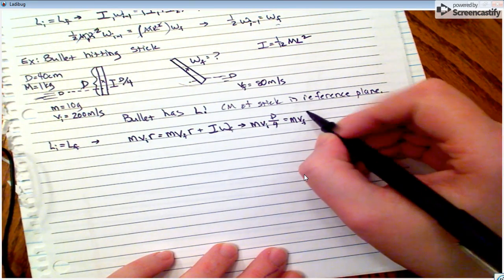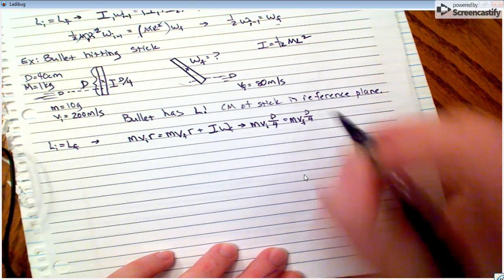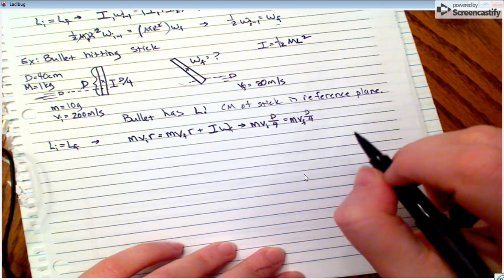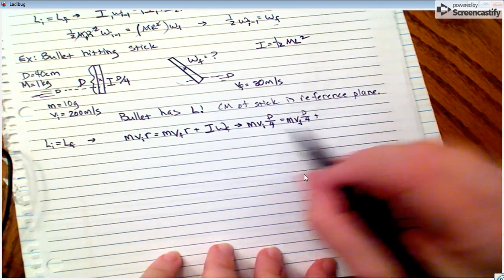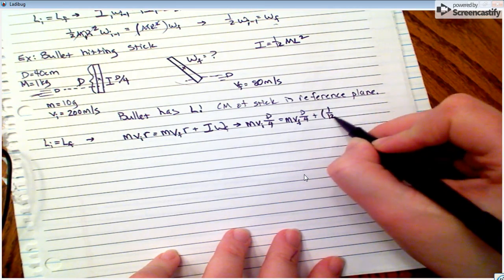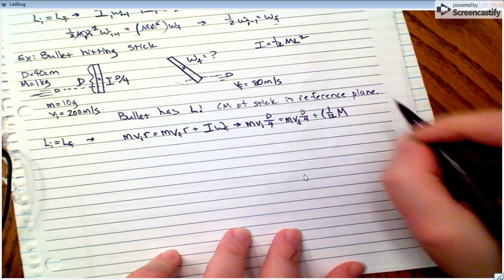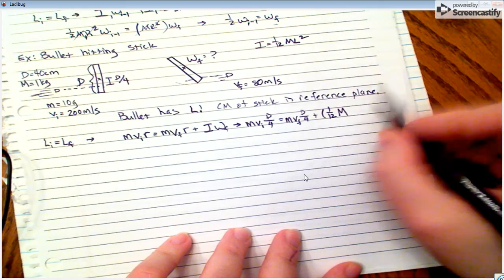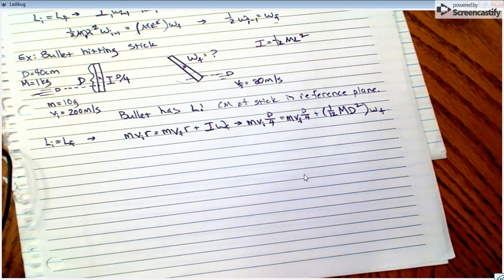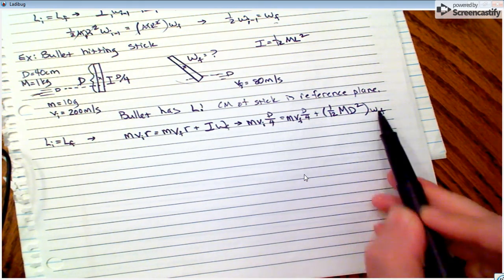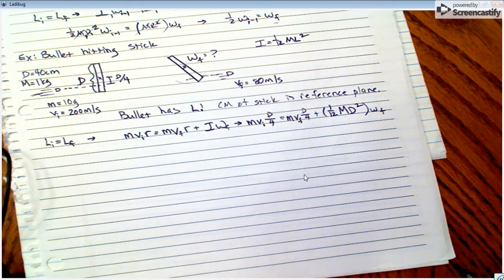So the radius is the same for both parts. And then we're going to sub in 1/12 mass of the stick times the length of the stick, which is d, squared, times its final rotational speed. This is the equation that we basically need to make pretty and then solve.